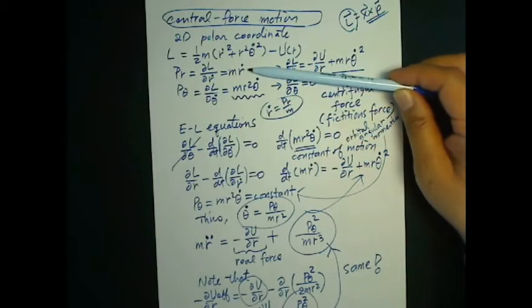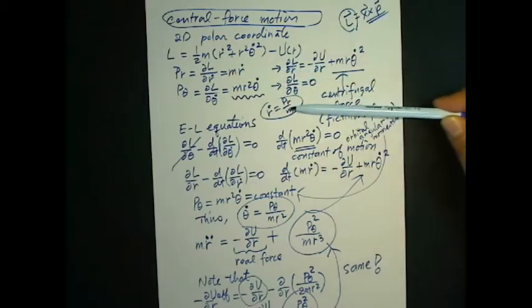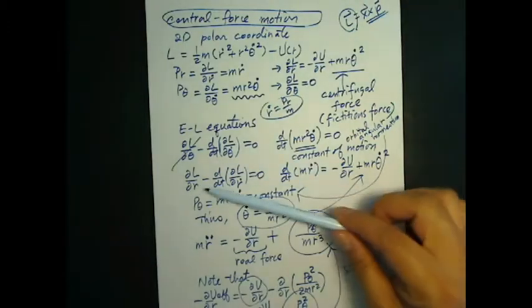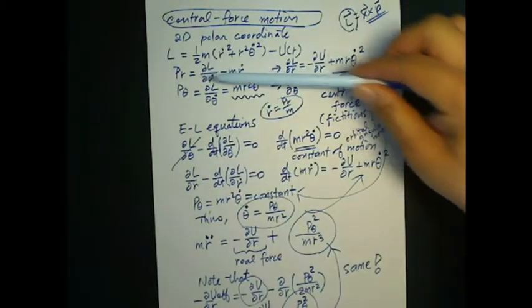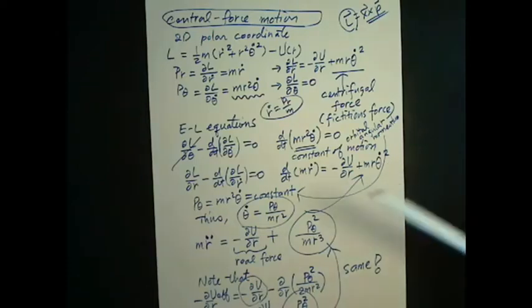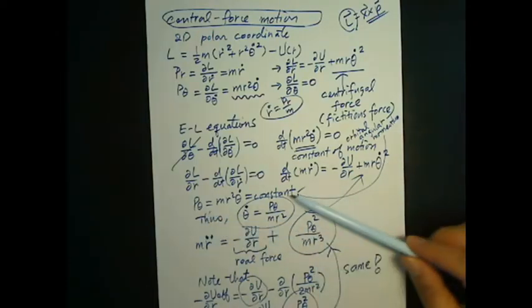And we also have information r dot is PR over m, remember. The radial equation is PR, mr dot's time derivative equals to this one. That's fine. And this p theta is constant.